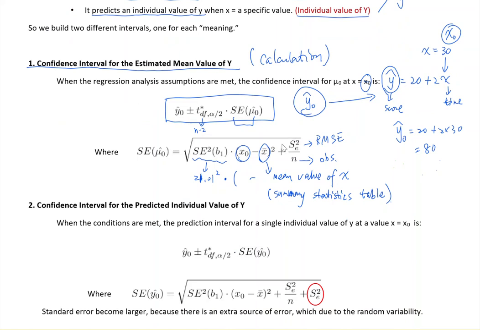We need to make sure you understand where to find this information. If any software doesn't have this function, you need to know how to calculate it, because not every software will tell you how to find this confidence interval.